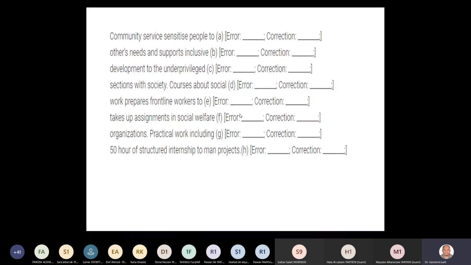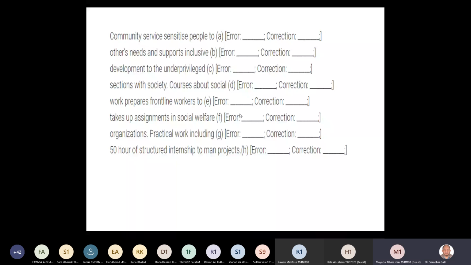In society. Thank you so much, Mayada. Okay. What's your name? Rawan Mahfouz. Rawan Mahfouz. Go ahead. And the last line. Hours, not hour. It should be 50 hours. Thank you so much. Practical work. Oh, okay, 50 hours. Thank you so much, Rawan.